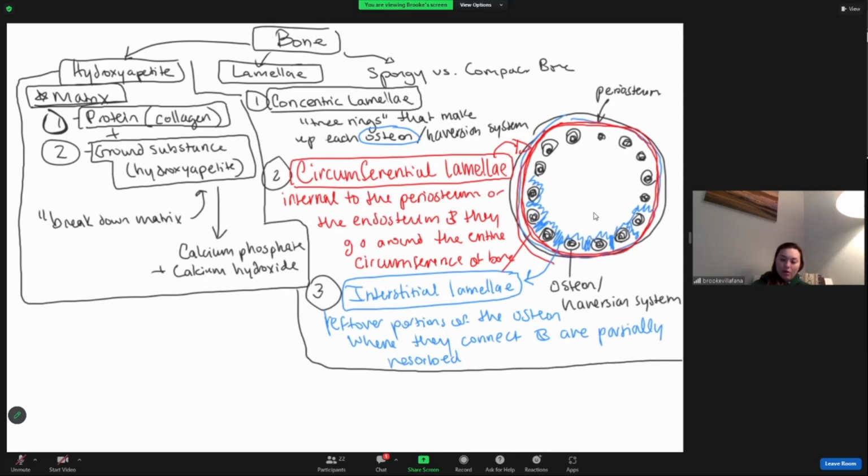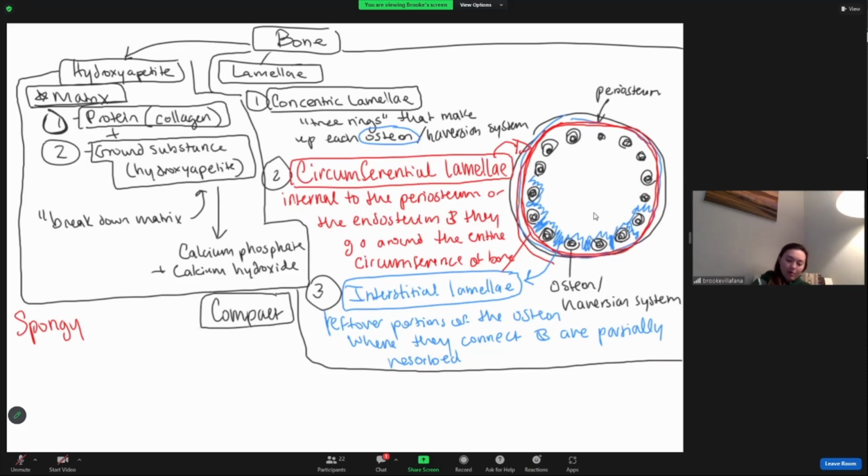All right, so our next little topic here is spongy bone versus compact bone, right? We have our two types of bone. So what's the difference between spongy bone and compact bone?